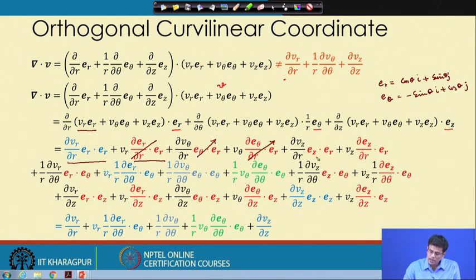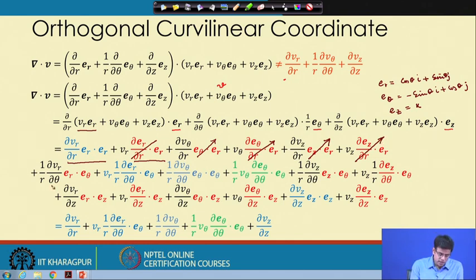Now E z dot er will be 0 because it is an orthogonal system. So this cancels. Now del E z by del r: E z for our cylindrical system is only k, so this quantity will again be 0 because it is not a function of r.